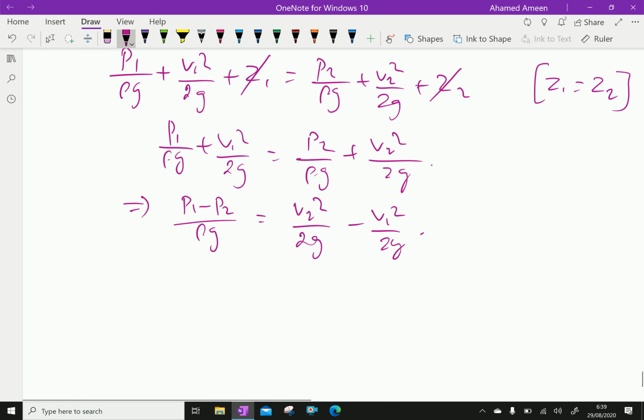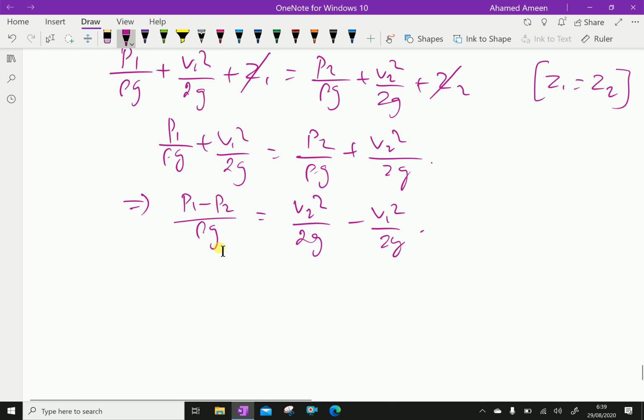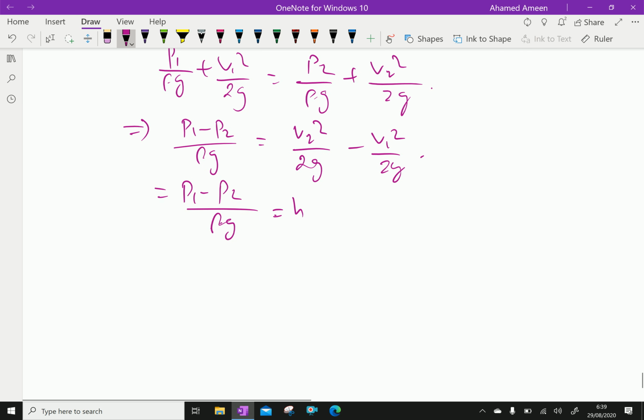Let P1 minus P2 by rho g, which is the pressure head, be H. So P1 minus P2 by rho g equals H. Now we can write H equals V2 squared by 2g minus V1 squared by 2g.